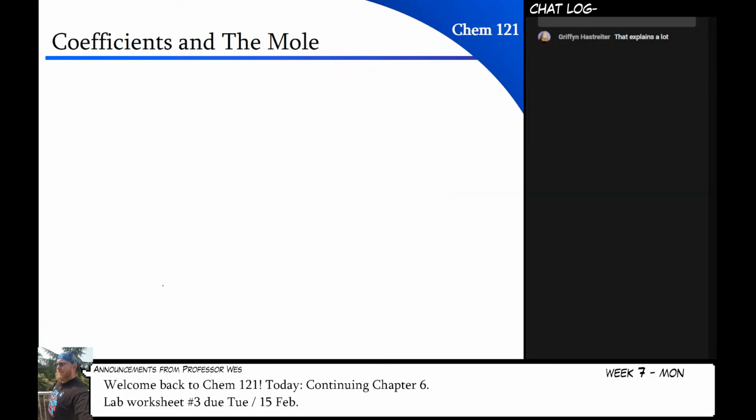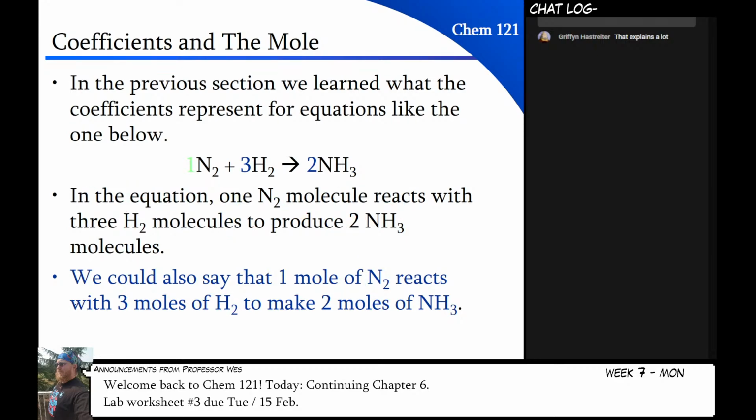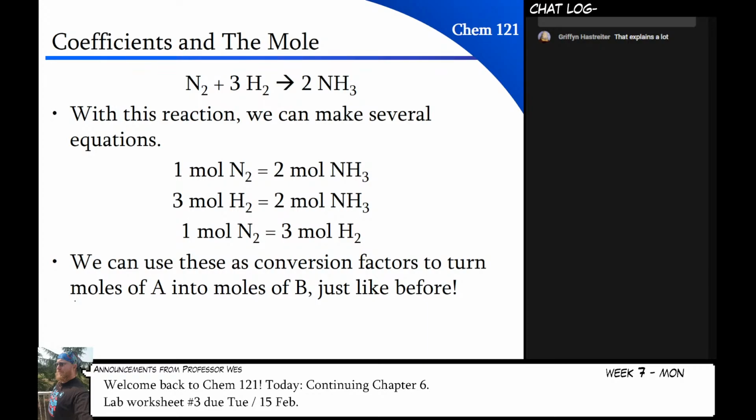So what do those equations look like when we write them all out? That's going to look like this. Here are all the equations that you could possibly write for this reaction. To do that, I'm just pairing any two together. So here's the first one that we wrote right here. But you could pair any two together that you want to.